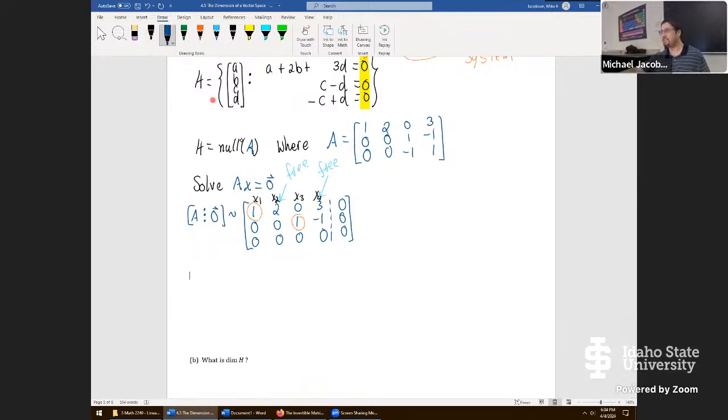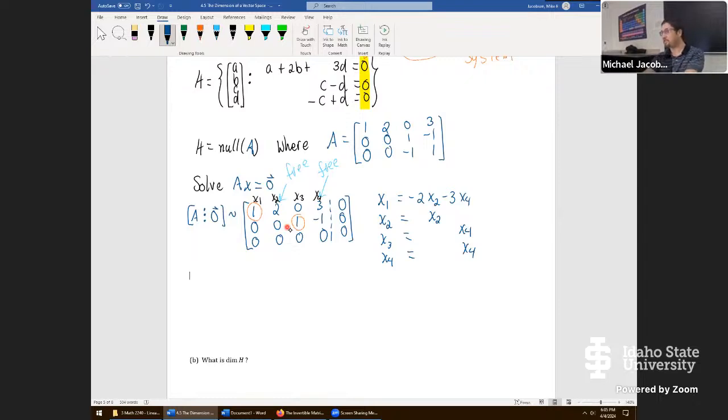So now for the solution set to AX equals 0, let's go slowly and start by saying x1 equals, on this row, negative 2x2 minus 3x4. Next, x2 is free, so we just write x2 is x2. x3 we can solve: x3 is going to be equal to x4. And finally, x4 is free, so we'll write x4 is x4.